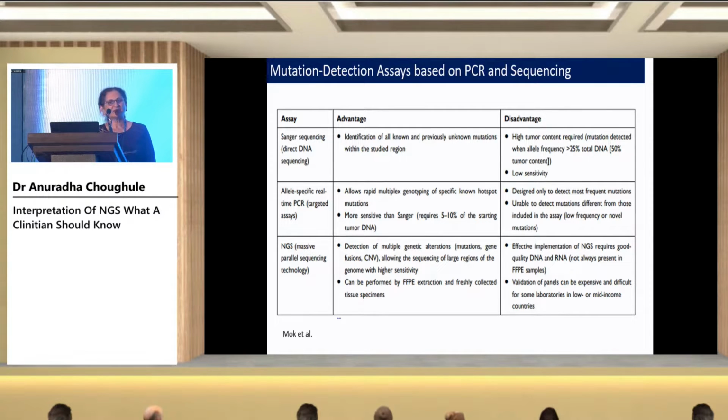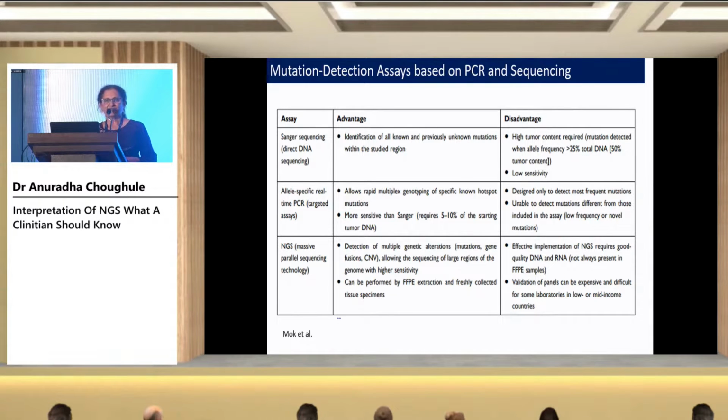Yes, NGS is the answer. But again, if you look only from the single gene point of view, NGS is not feasible. You need to have multiple genetic alterations, and NGS allows you to detect not only point mutations, but insertions, deletions, and copy number variations. It can be performed either on FFPE or on fresh frozen tissue specimens, and now with liquid biopsy coming into the limelight.